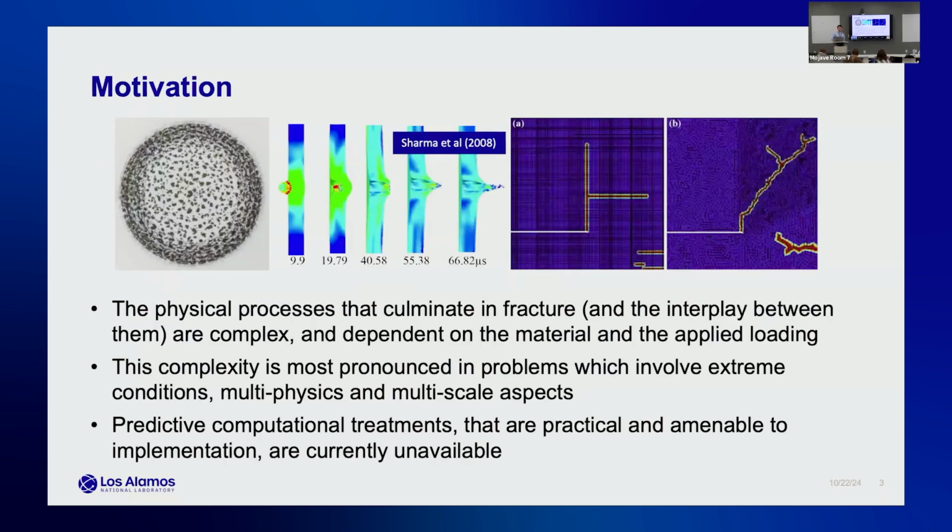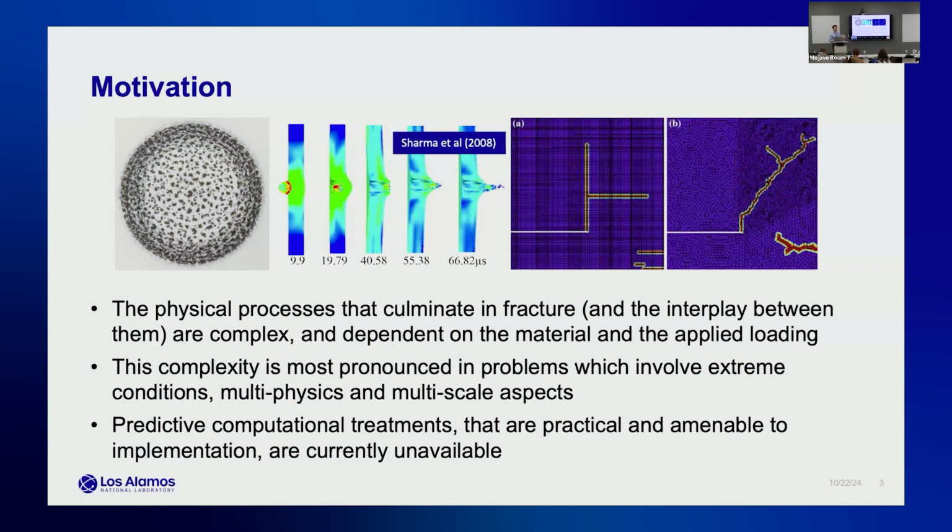Motivation: dynamic fracture is an important consideration in many problems, such as the one shown on the left. What you see is a snapshot from a high-speed camera which catches a hemispherical metallic shell exploding. The hemispherical shell has a high pressure inside.